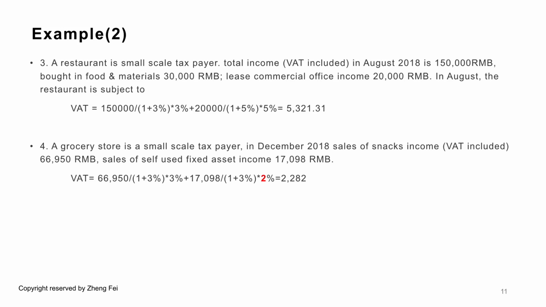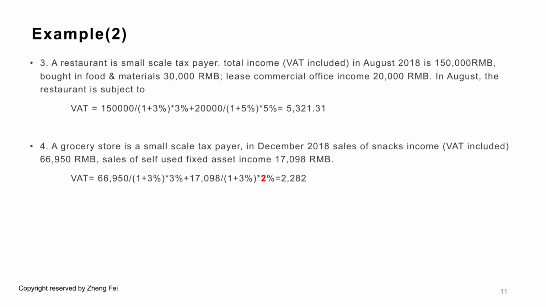Therefore, in August, the restaurant is subject to VAT of lease income, which applies 5% tax rate, and the catering income, which applies 3%. And also please note the buy-in VAT, or what we have as cost here, 30,000 RMB, is not subject to deduction.